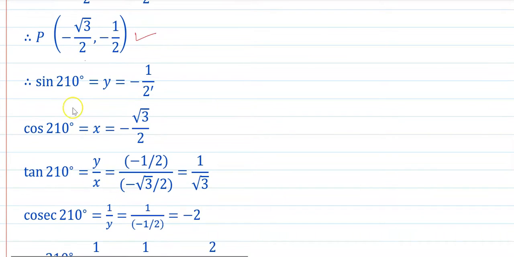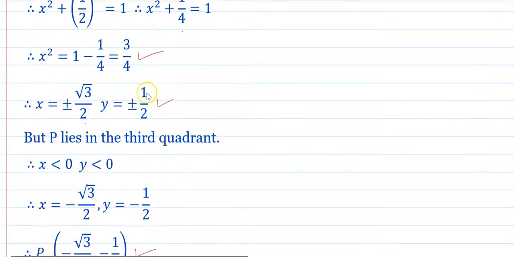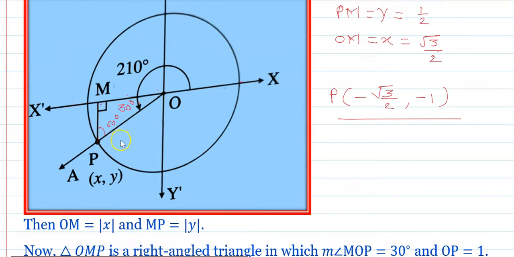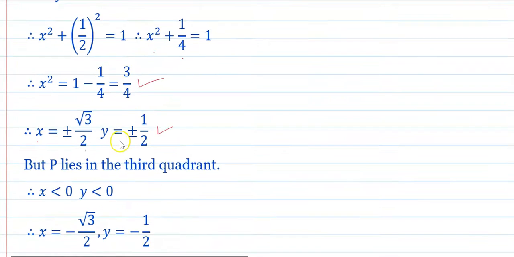Okay, and therefore the sine of 210 is equals to y, and that is minus 1 upon 2. This point is in the third quadrant. Therefore, only tan is positive. In the third quadrant, tan and cot are positive, and all other trigonometric ratios are negative.